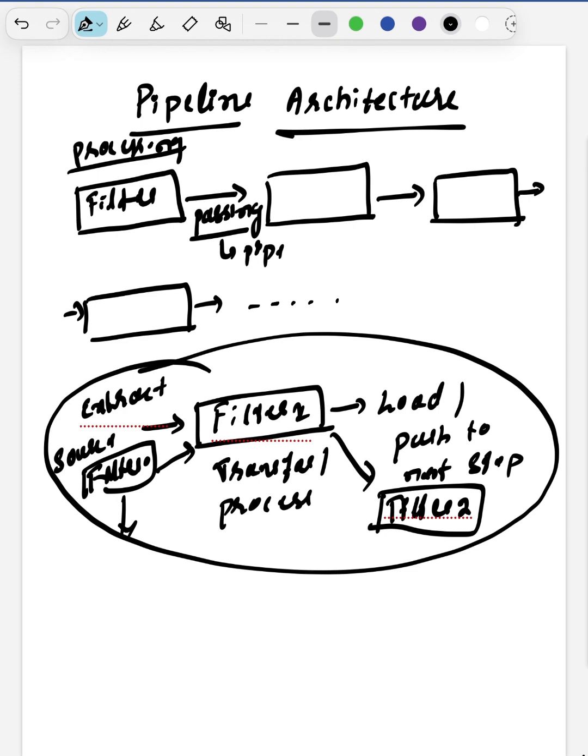Basically, take raw, messy data and shape it into exactly what the destination needs. That is the responsibility of the transform step.